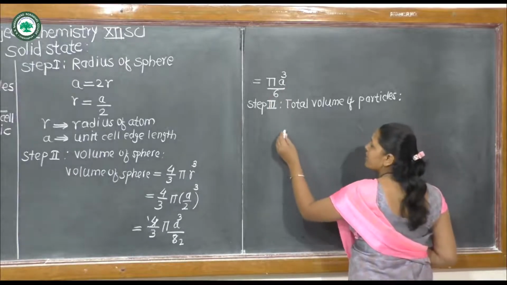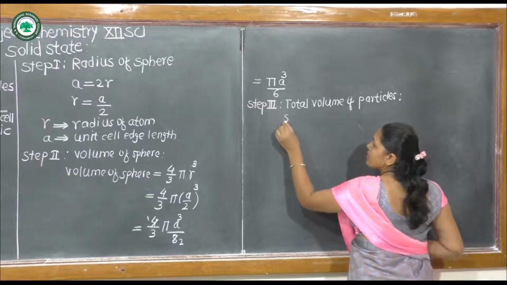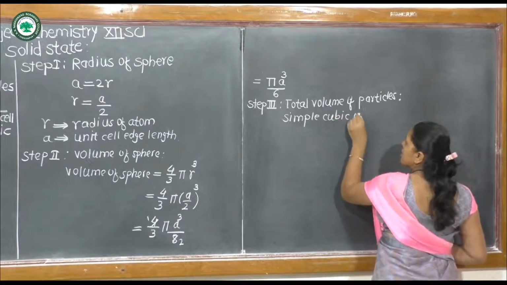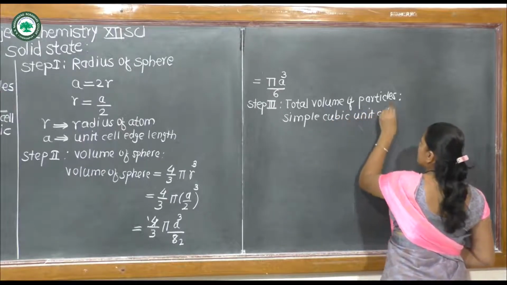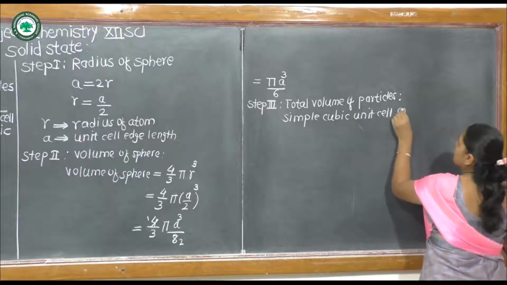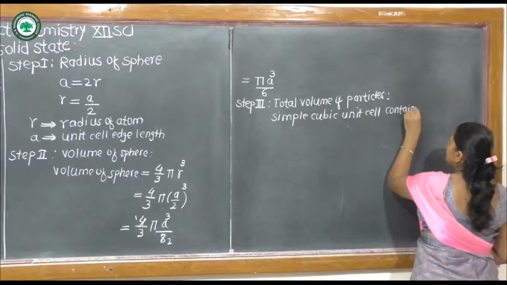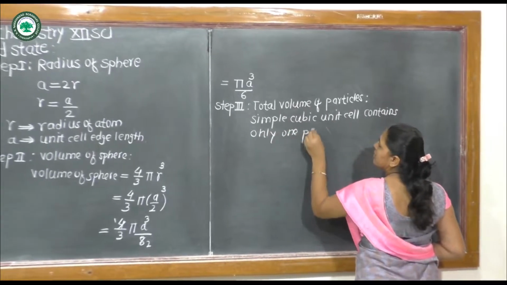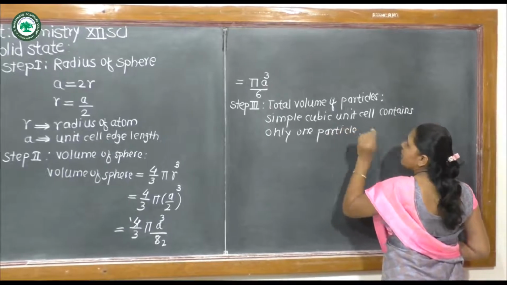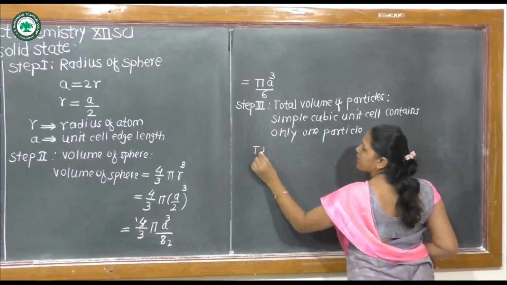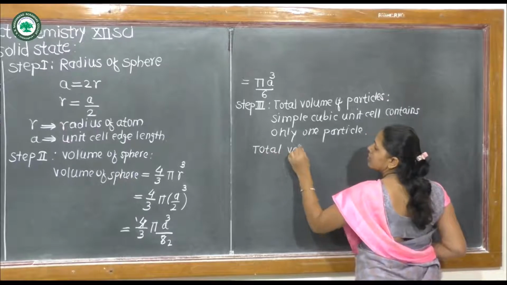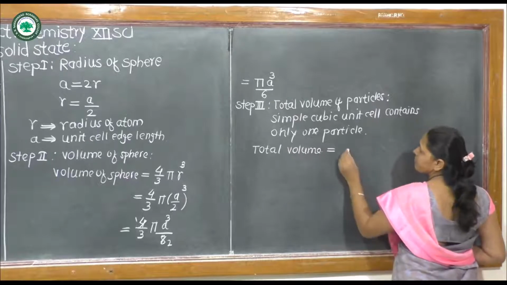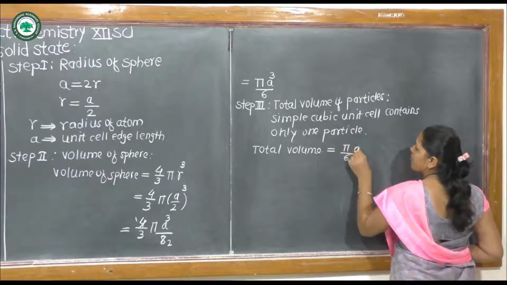Total volume of particles, because the simple cubic unit cell contains only one particle, is equal to pi by 6 a cube.